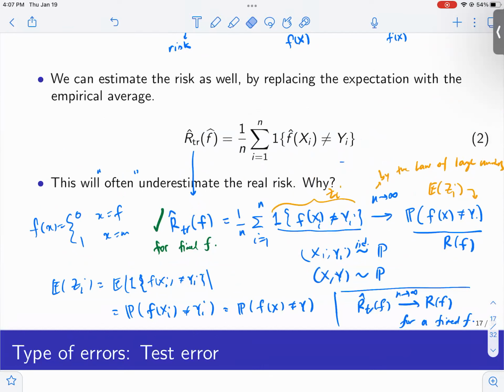However, the thing that I have here, my claim is that this is not in general going to converge to R of f hat. The only difference is that I'm using f hat here, not a fixed f. And f hat is using the same data. So why can't I use the law of large numbers to say that?